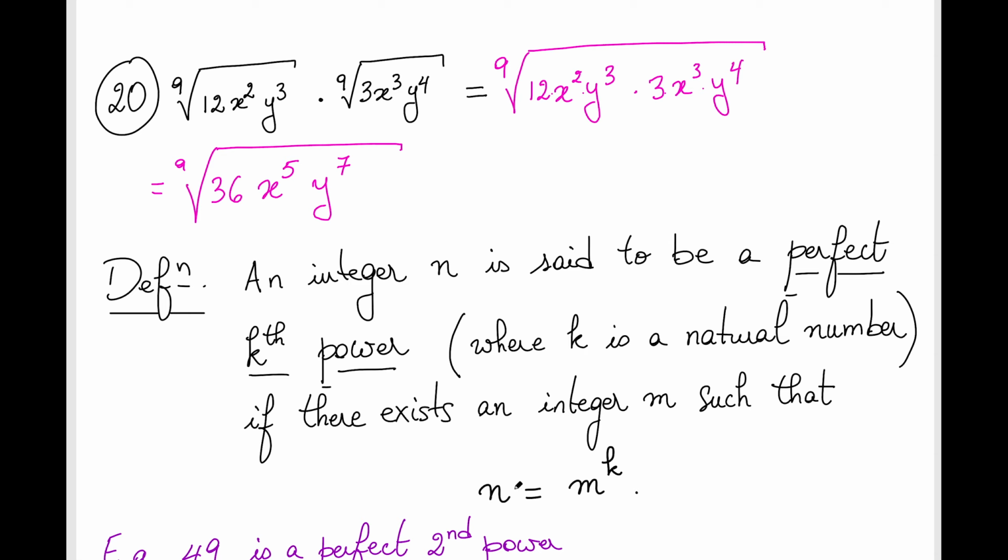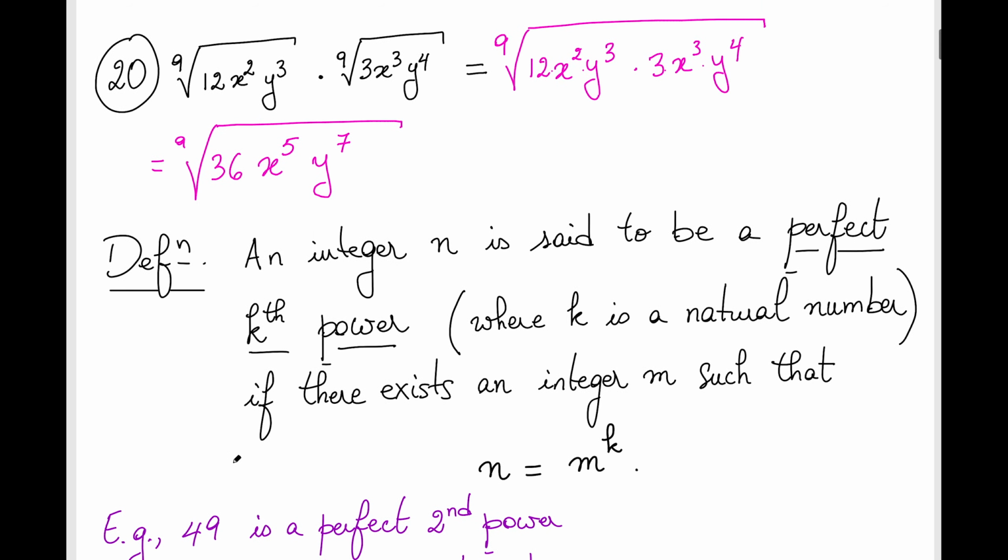So if you can write n as the kth power of an integer, then we say that the integer n is a perfect kth power. For instance, 49, take n to be 49, is a perfect second power or perfect square, right? Why is this the case? Because we can write 49 as 7 squared or negative 7 squared, right?